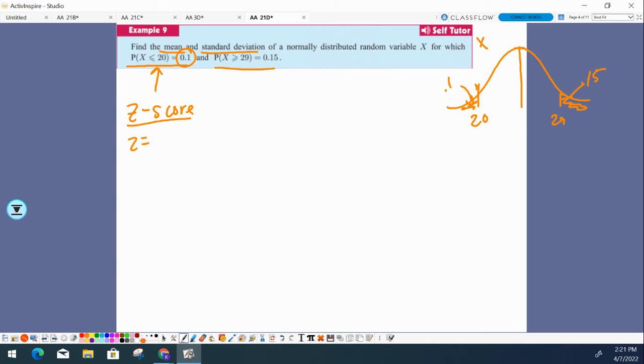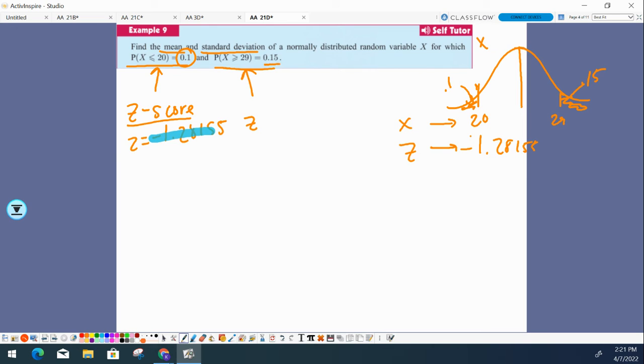I get z equals negative 1.28155. All right, this makes sense to me. See how this is negative? That corresponds to the 20. These are your x values. The z values, this is negative 1.28155.